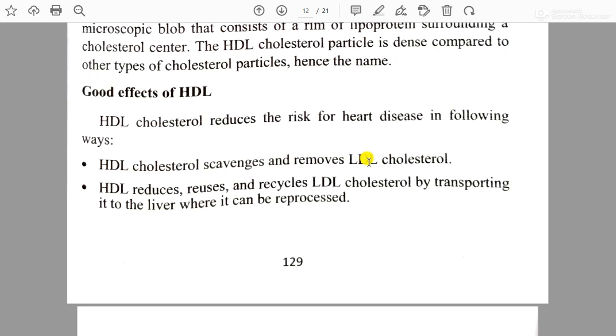So HDL will scavenge this LDL and remove it from the body. LDL is dangerous to us. Therefore, HDL will remove LDL from the body. HDL reduces, reuses and recycles LDL cholesterol by transporting it to the liver where it can be reprocessed.